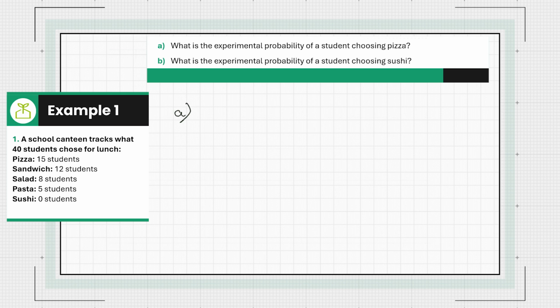So how many people chose pizza? So our experimental probability of pizza is going to be equal to, well, 15 students chose it out of a possible 40 different trials.